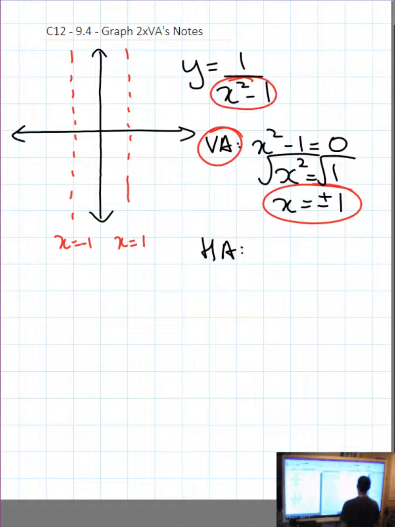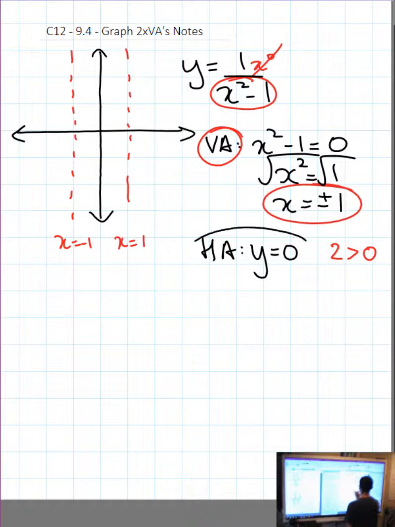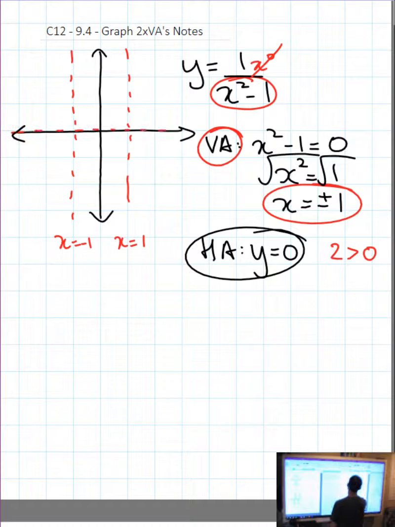And we learned from horizontal asymptotes that 1 is really 1x to the 0, and 2 is greater than 0, meaning that our degree is greater on the bottom, and if the degree is greater on the bottom, then we know that the horizontal asymptote is y equals 0. So we can put that horizontal dotted line in there.